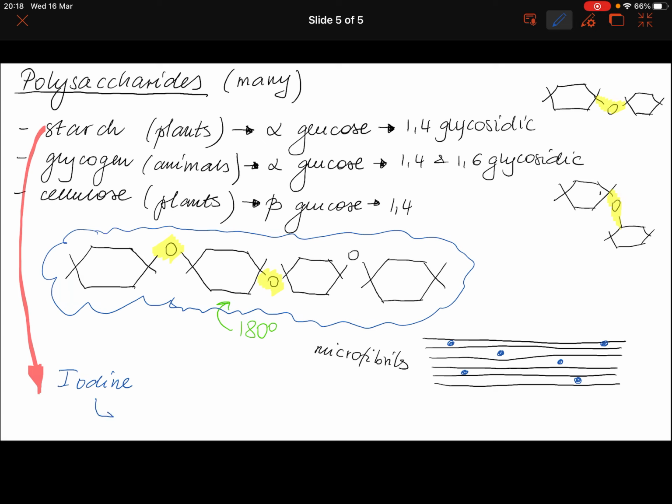And the positive result, the change of color for the iodine test for starch, will be dark blue, black. So if you've done the practical at school, you will see that your food sample that contains starch, after you've added iodine, is going to turn really dark. So dark blue, black color.